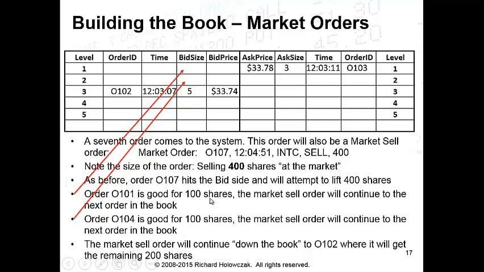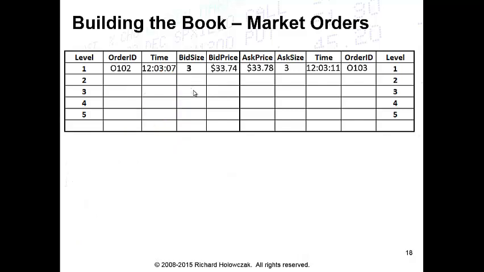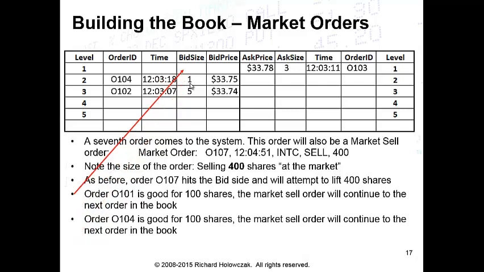Remember, we sold 100 shares to order 101, 100 shares to order 104, and now we have 200 shares. So we're going to walk down the book and now sell 200 shares to order 102. As a result, what should end up happening is order 102 will move up to the top of the book, and its size will be reduced from 5 down to 3. So again, this will be the final state of the book after this, but let's just back up a real quick second here.